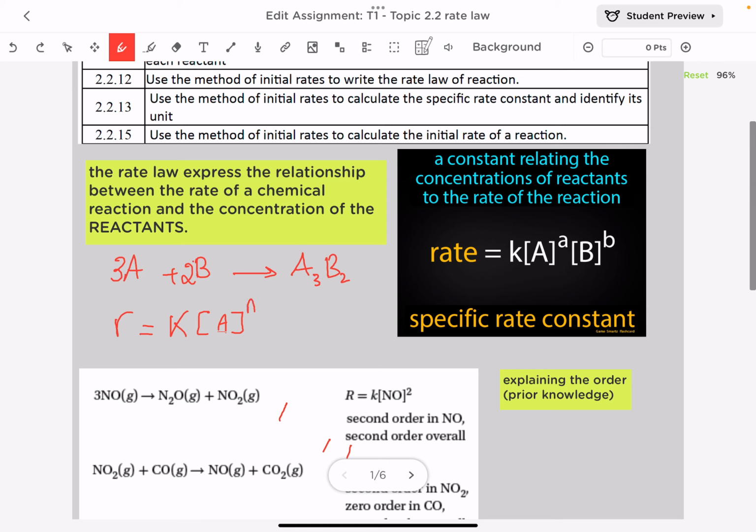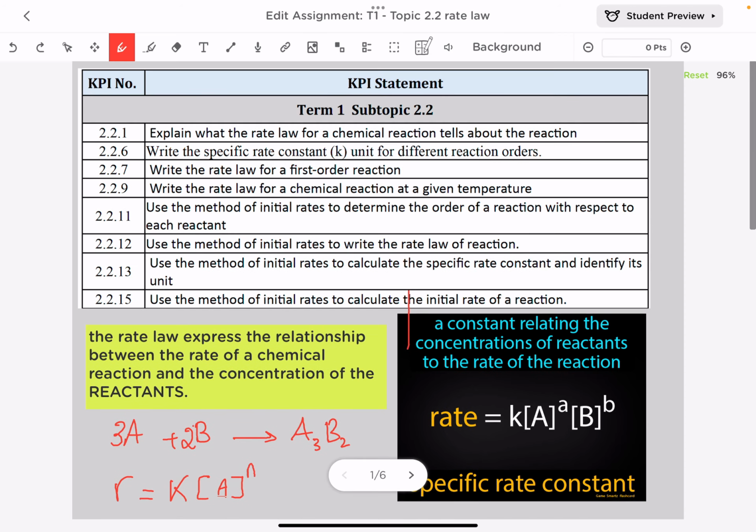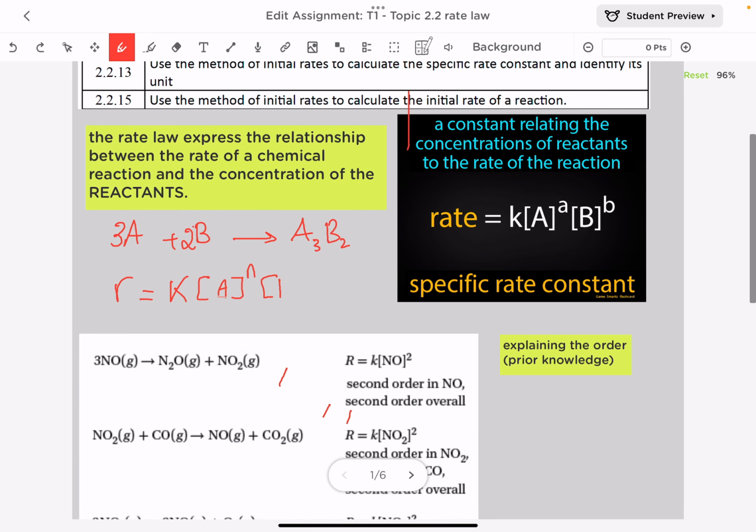So A is raised to an order of, let's say, a number n, multiplied by B, the concentration of reactant B, raised to the order of another number, m. So again, n and m are orders, and they can be 0, 1, 2, etc.